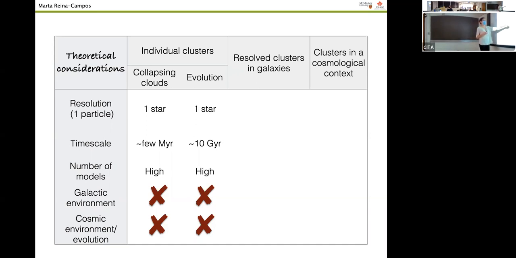Collapsing clouds only require running for a few megayears, because once you have stellar feedback and you don't have gas, you don't really care. However, for the evolution of clusters, we need to be able to model them for several gigayears. We can run a large number of models for each of these two types of simulations, but the caveat is that they do not include the galactic environment or the cosmic evolution.